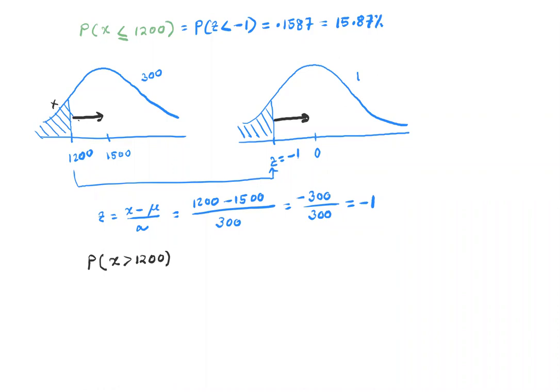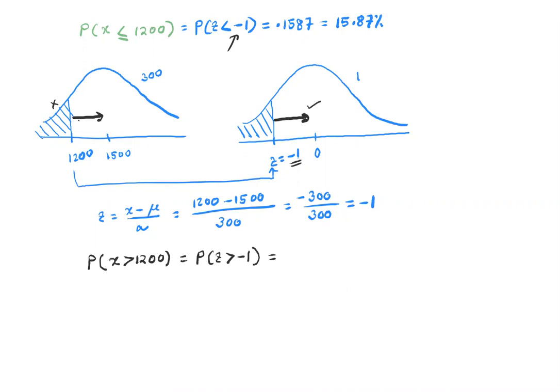That's pretty easy, by the way. X is 1,200, so 1,200 converts to -1, right? So it's going to be the probability of z greater than -1. Instead of z less than -1, it's going to be greater than. Easy. So that's the area to the right we are looking for.